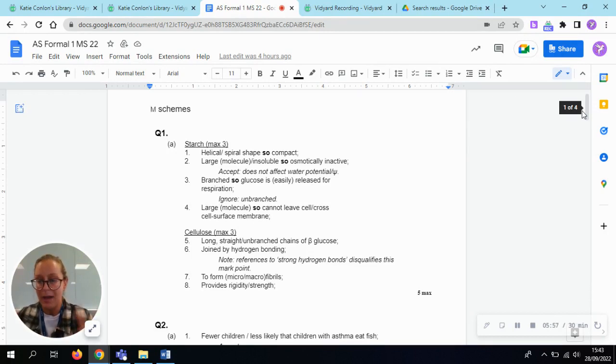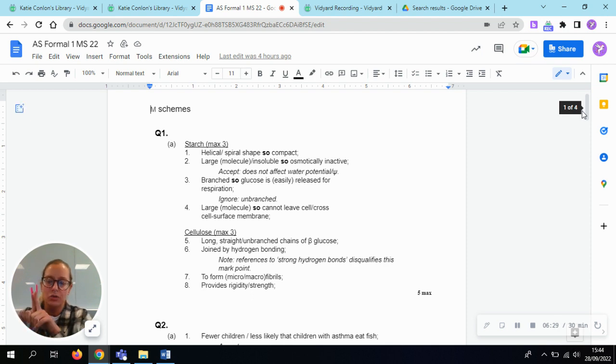Comprised means it's made up from those things. So what you're saying is literally that cellulose is just a bunch of hydrogen bonds. There's nothing else in it. We know that that's not true because we know that the cellulose fibers get linked together by hydrogen bonds. So you do need to make sure that what you are writing is very clear to the examiner.